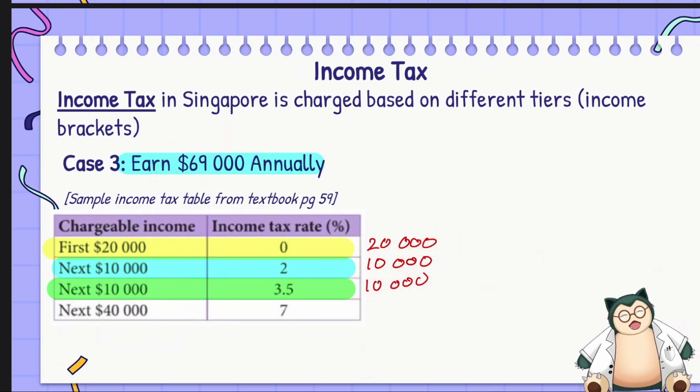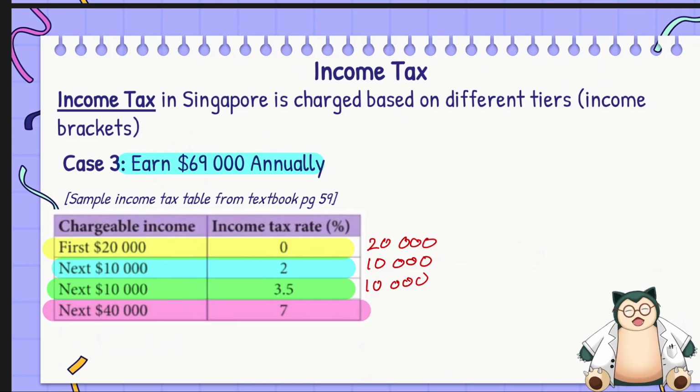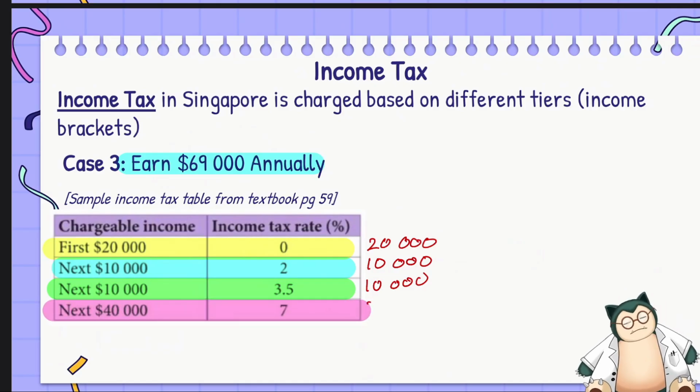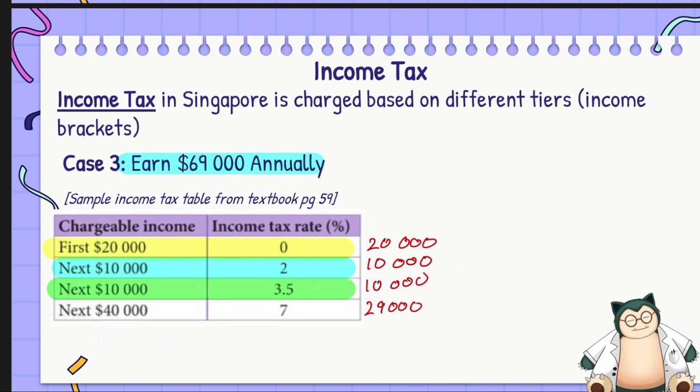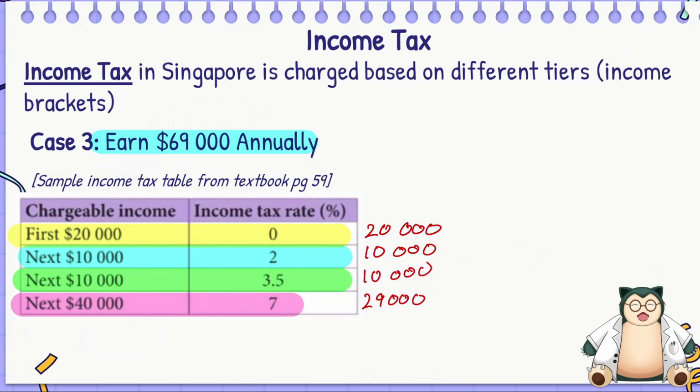And for the last bracket over here, last 40,000, that is where we supplement with the remaining $29,000 from our total income. Okay, our total income over here. So then let's calculate the tax of each individual income bracket.